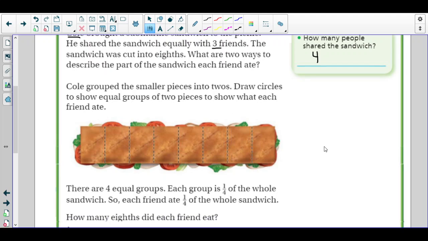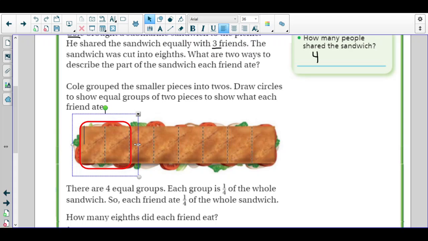All right, so we're just going to assume that the sandwich shop divided this into 8 equal pieces. So what is each friend going to get, or what is their part? Well, we got one friend that's going to get this part right here. And let's see if we can make that fit right there. Perfect.